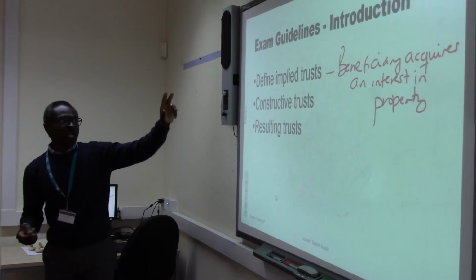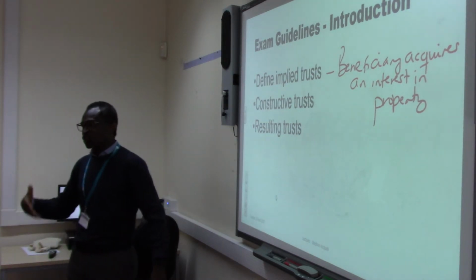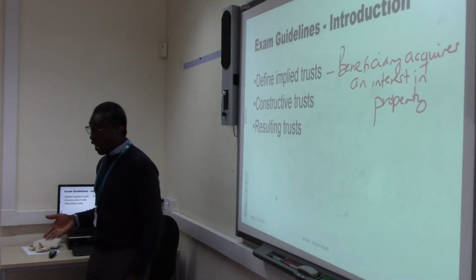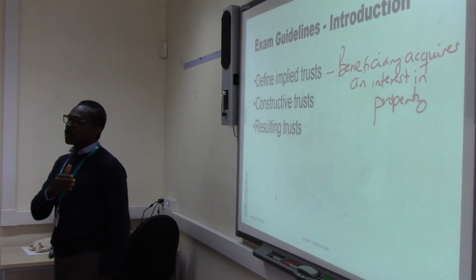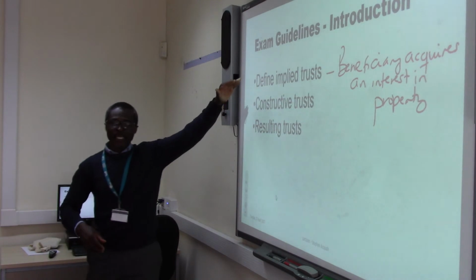And then all you need to do is contrast constructive trust, ongoing substantial payments, where the homeowner, the legal owner, is aware that you're making these payments because you want an interest in the land. Yeah, so we make that clear distinction.